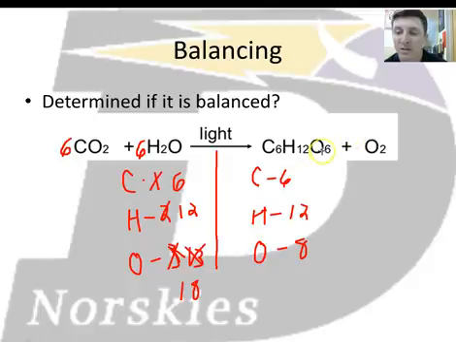So what we have to do is put a coefficient here because we don't want to change carbon and hydrogen. So we're going to put 6 here. So 6 times 2 is 12 plus the 6 there. That's going to get us 18. Now this chemical equation is balanced.